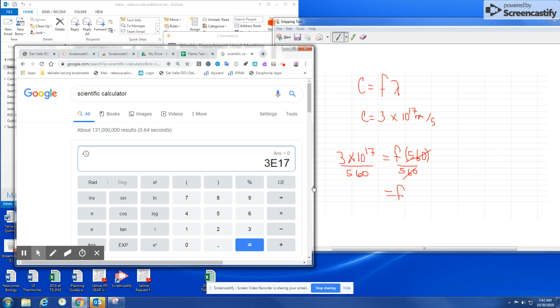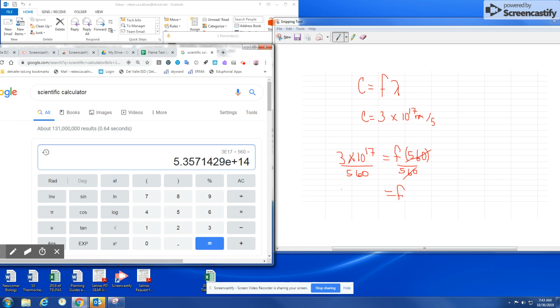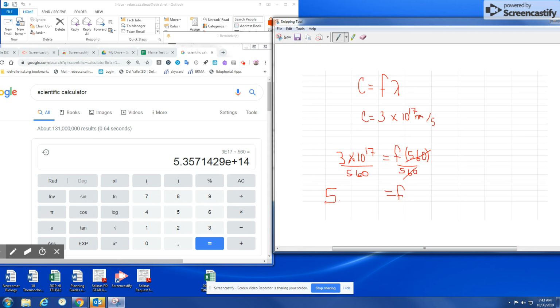So that's that part, divided by 560. This is what I get for f. So that would really be 5.3, around that to 4, because that's a 7, times 10 to the 14th.